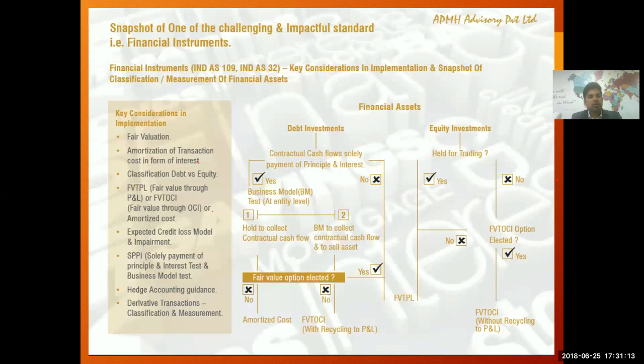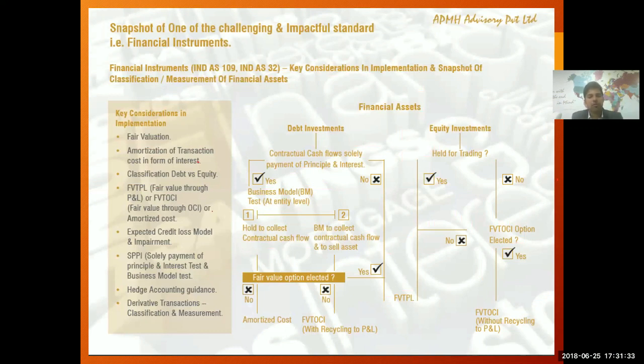Whether you are holding this debenture to collect contractual cash flow of principal and interest, or you are holding it for collecting contractual cash flow as well as having the intention of selling it. This too has to be decided at the entity level.